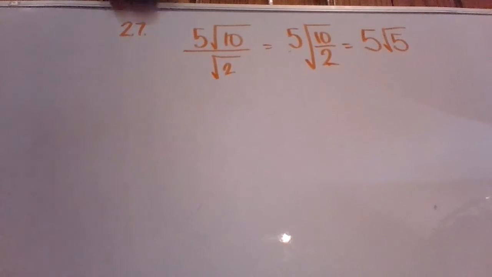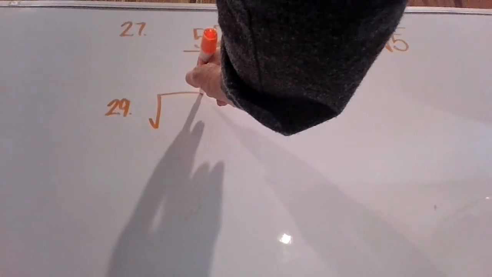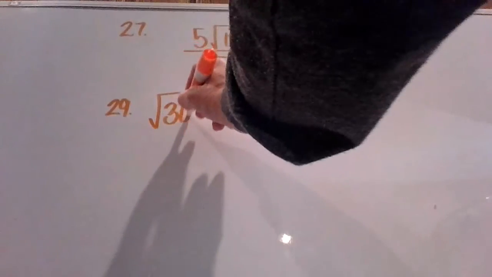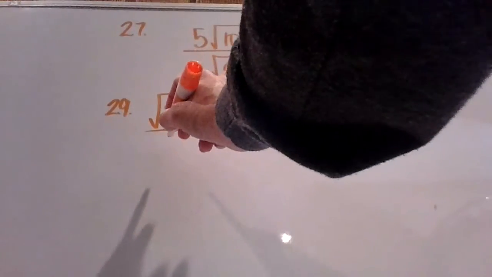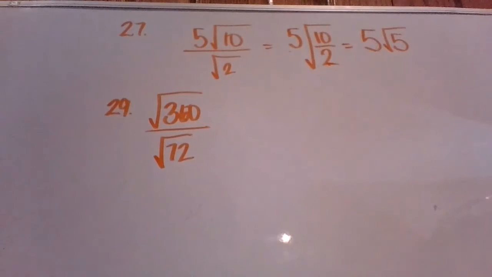Number 29. The square root of 360 divided by the square root of 72. Well, 360 looks deceiving because that 36 that we know is a perfect square root, but 360 is not a perfect square root.